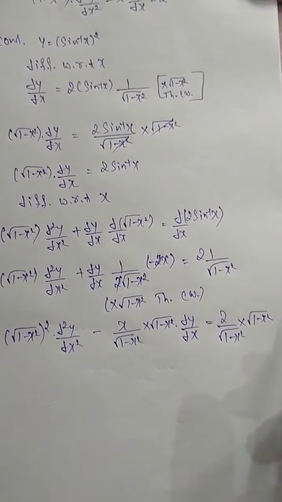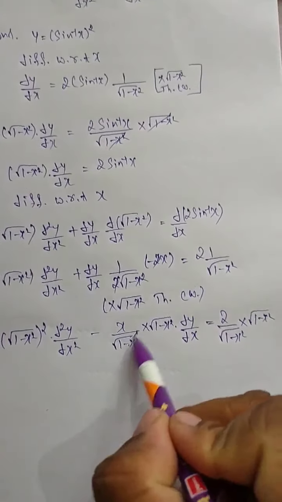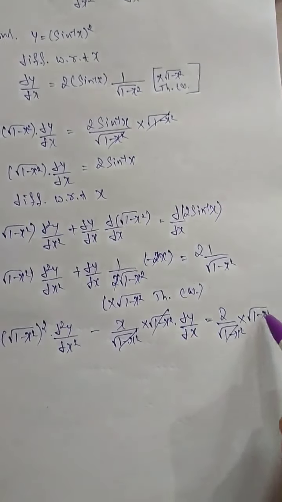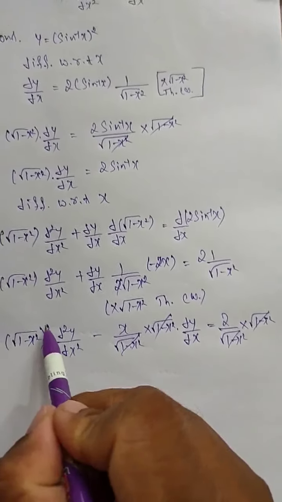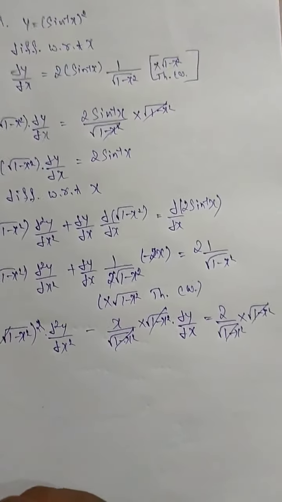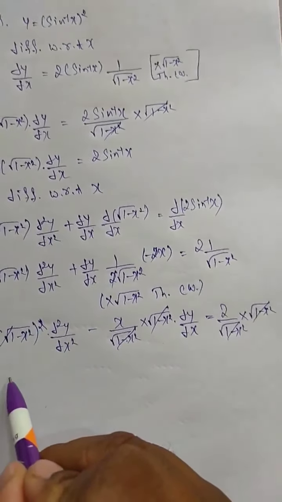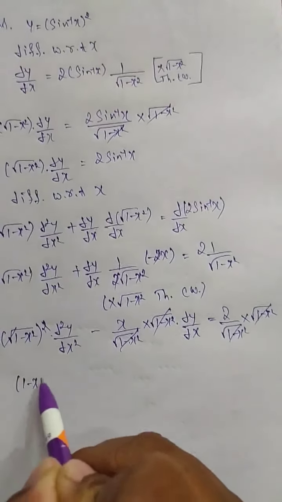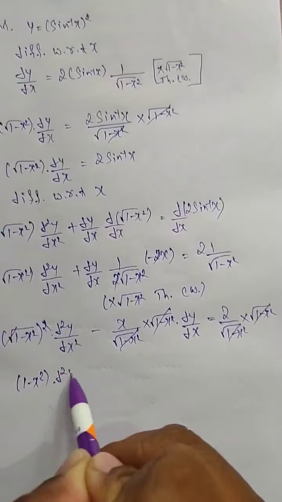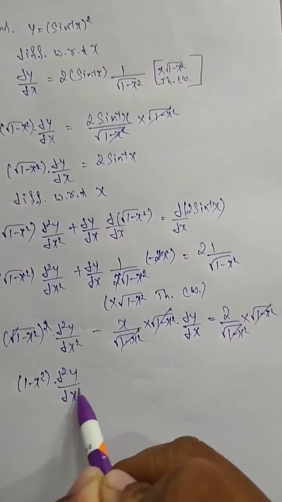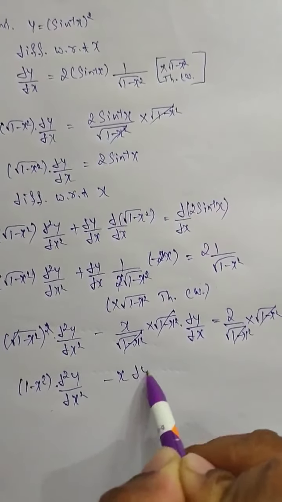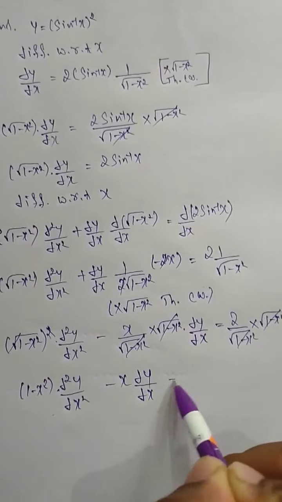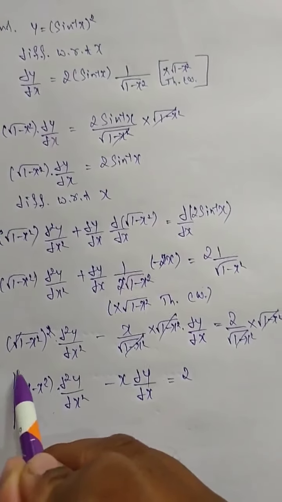Is it clear? Now the root of 1 minus x square terms cancel, square and root cancel. The terms we are left with: 1 minus x square into d square y by dx square minus x into dy by dx is equal to 2. So this is the answer.